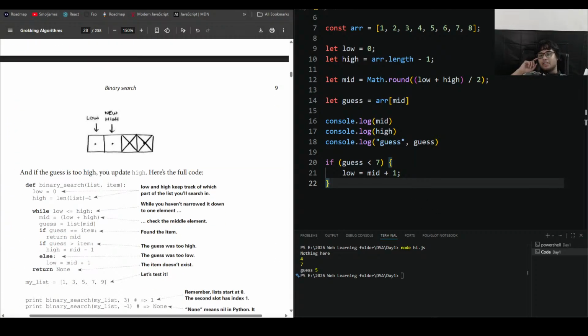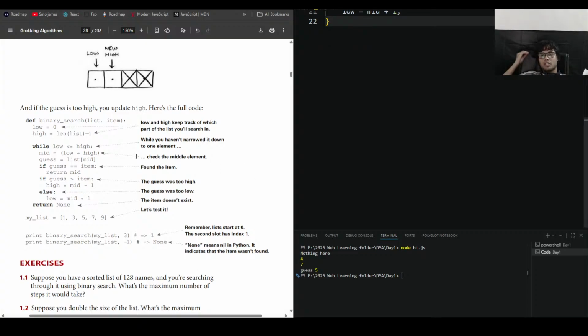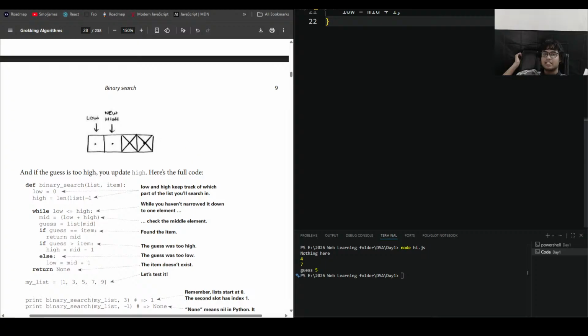And if the guess is too high, you update high. Here's the full code.